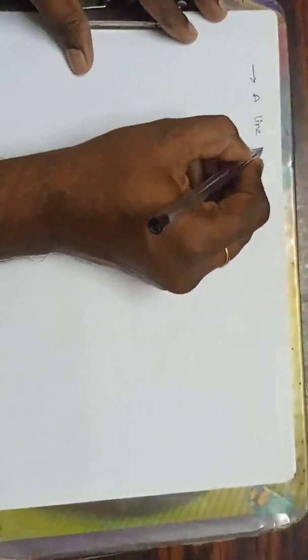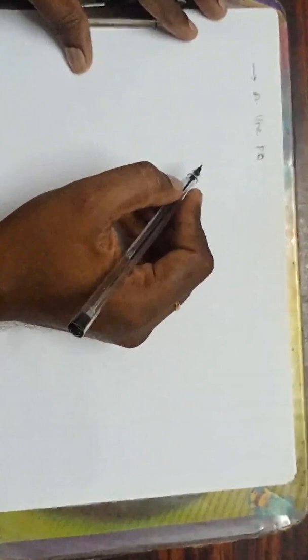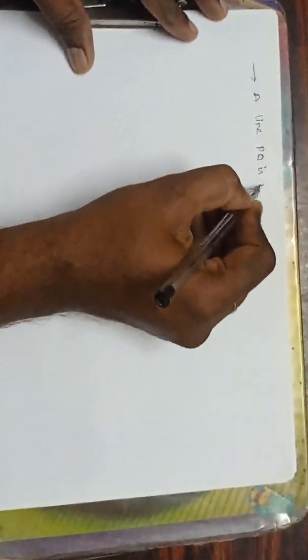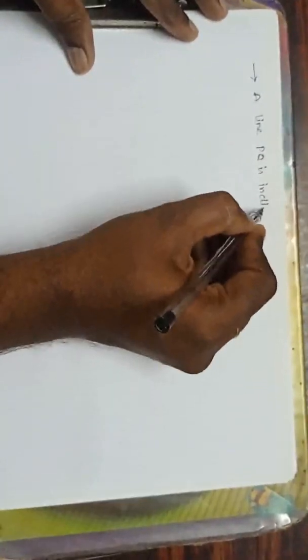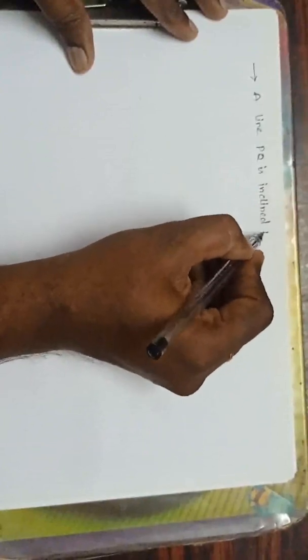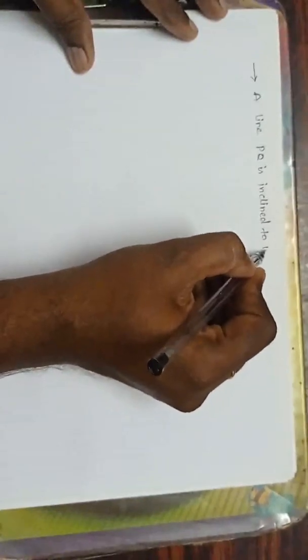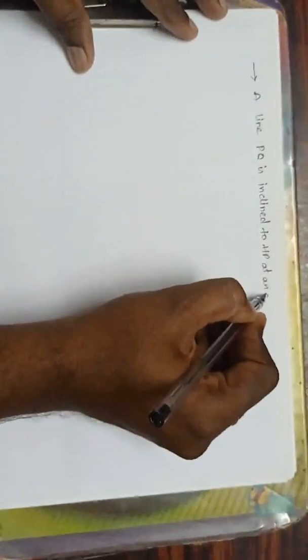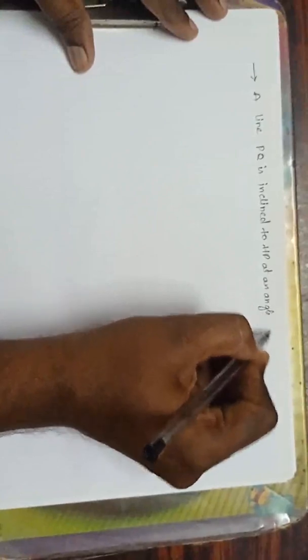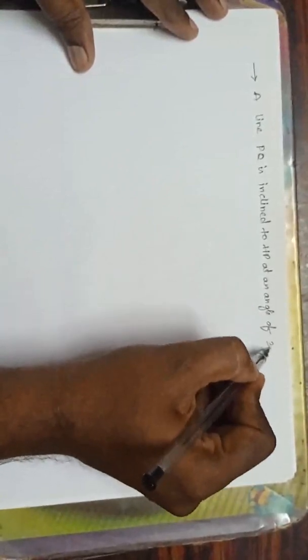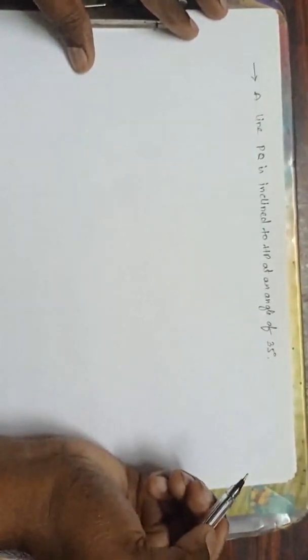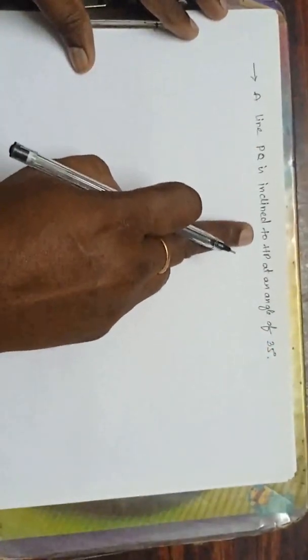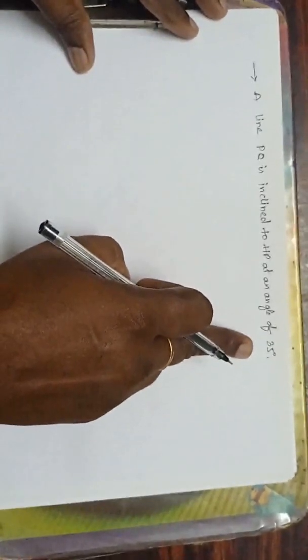Now a line PQ is inclined to the HP at an angle of 35 degrees.